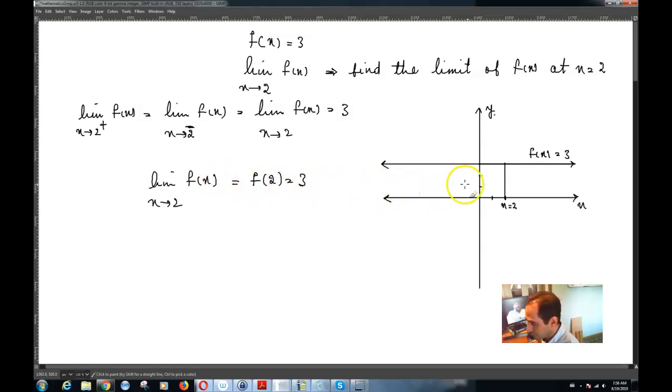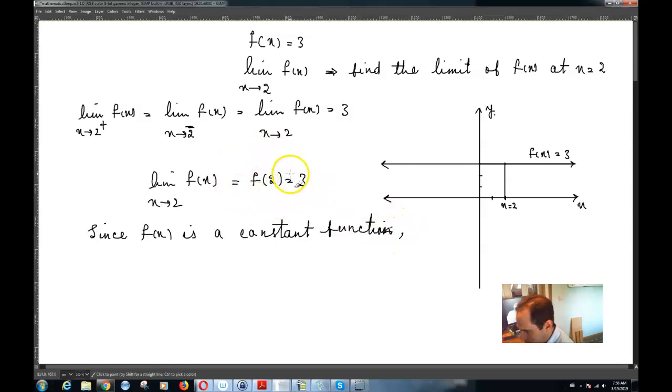And so basically, since f of x is a constant function, you saw that over here the limit of f of x as x tends to 2 is equal to f of 2, which is equal to 3.